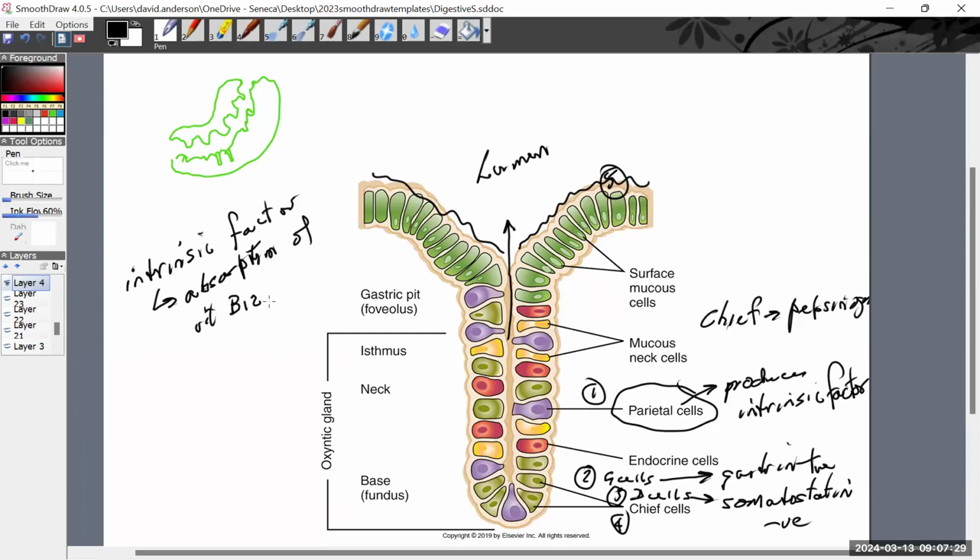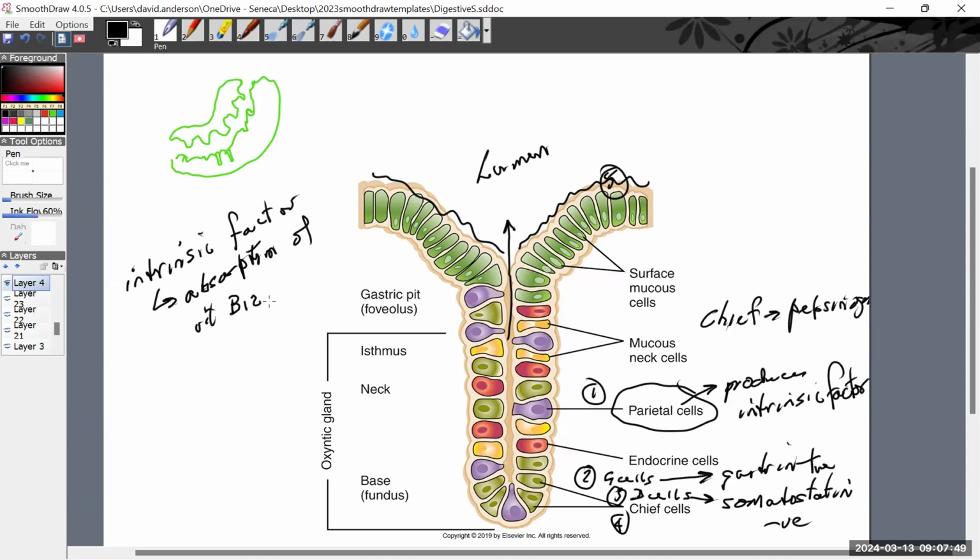An absence of B12 is going to create an anemia. And an anemia is a general term for any time our blood cells can't deliver enough oxygen to all the different cells in the body. So B12 is essential for the normal development of red blood cells and their ability to carry oxygen to all the different cells in the body.